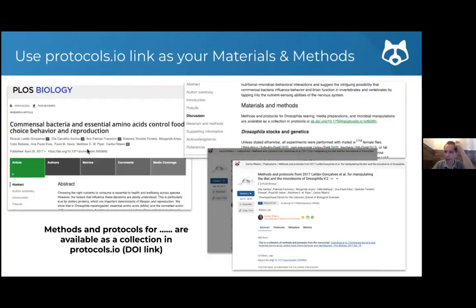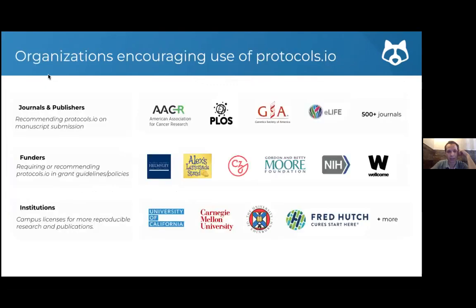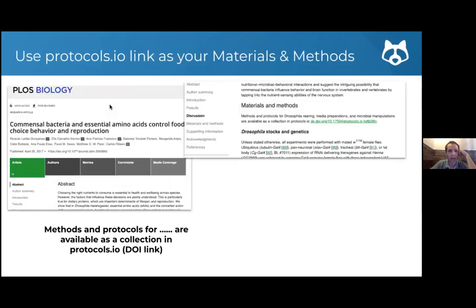And before I pause for Q&A, I also wanted to mention for those who are in academia, in terms of the many journals that recommend protocols.io in author guidelines, if you're using protocols.io, it makes writing your paper method section easier. So here's a good example of a PLOS Biology paper where the top of the materials and methods section says that the details for media preparation, microbial manipulations are available as a collection on protocols.io.